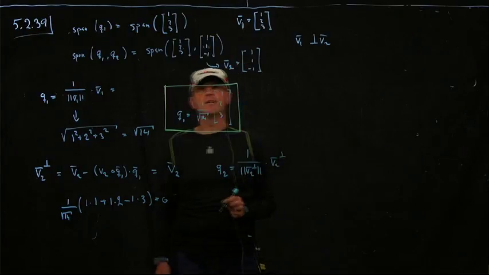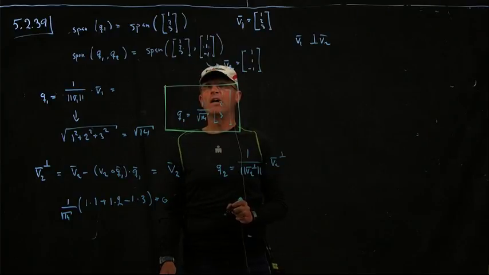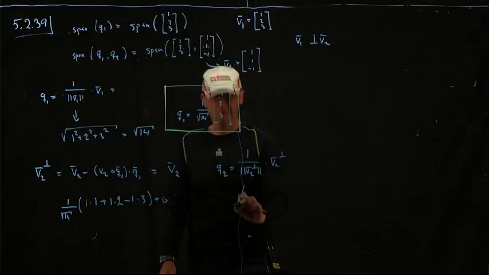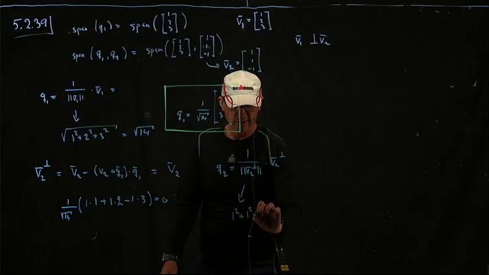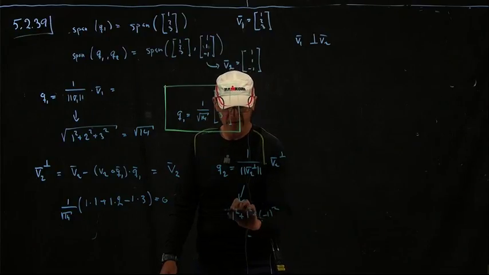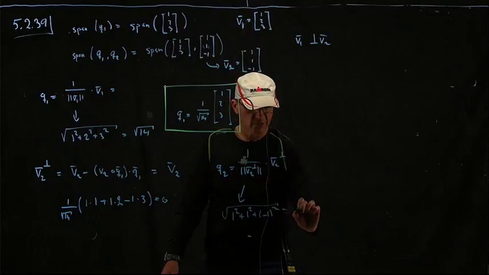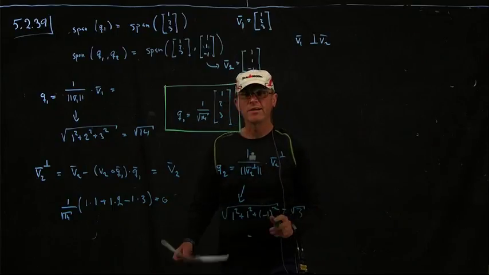So what is the length of V2? It's 1 squared plus 1 squared plus negative 1 squared, so square root of 3.